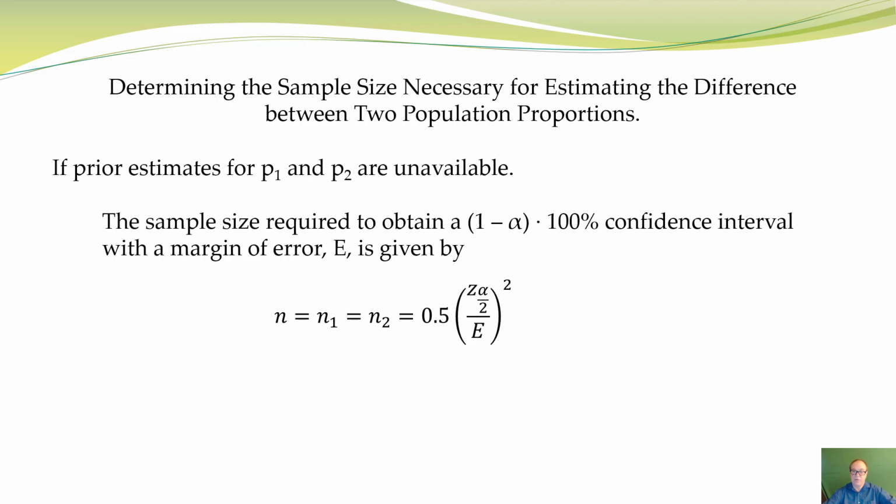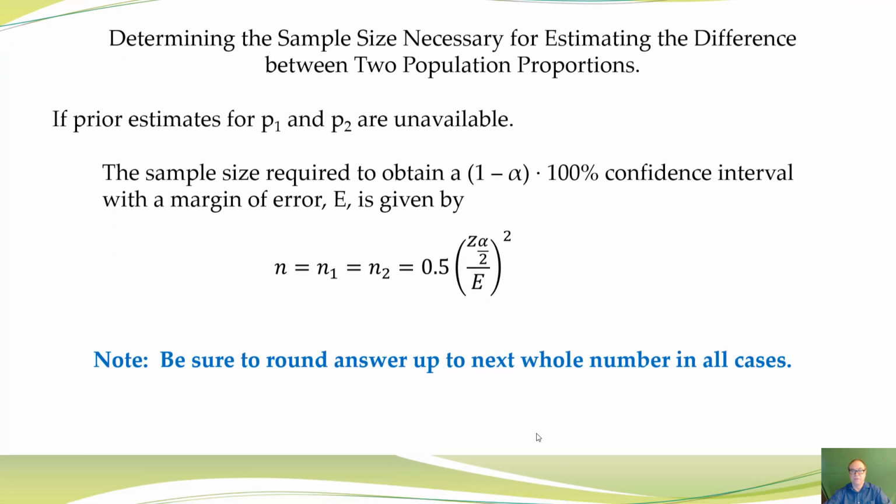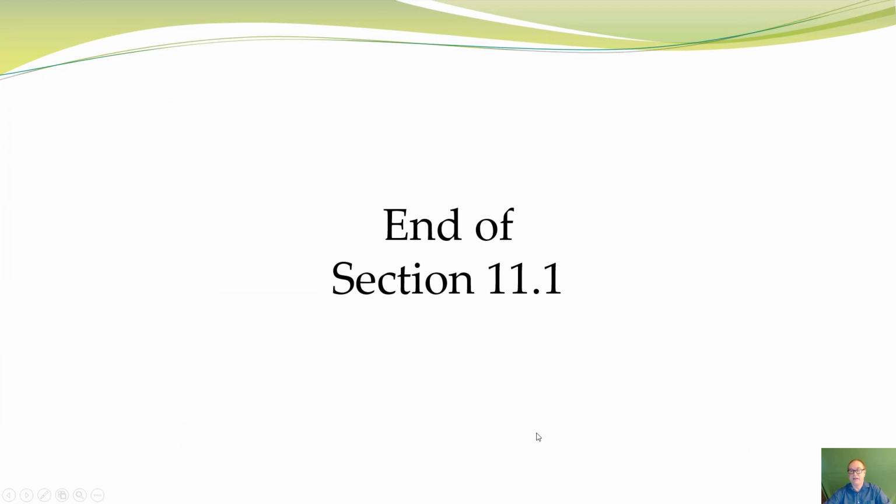So the first sample would be 1/4, okay, and the second is 1/4. And you add those together, you get 2/4, which is 0.5, or 0.25 plus 0.25, if you look back at the formula in the previous slide. And again, be sure to round up to the next whole number. And this brings us to the end of 11.1.